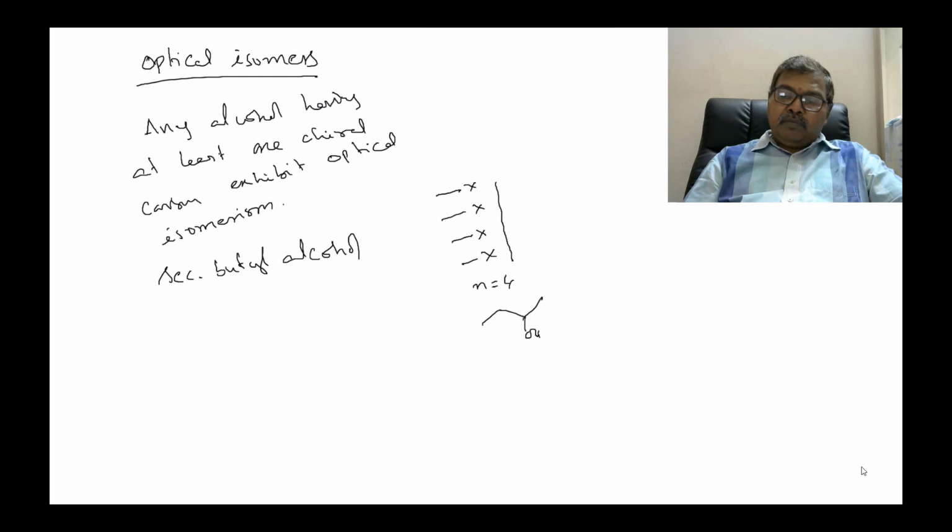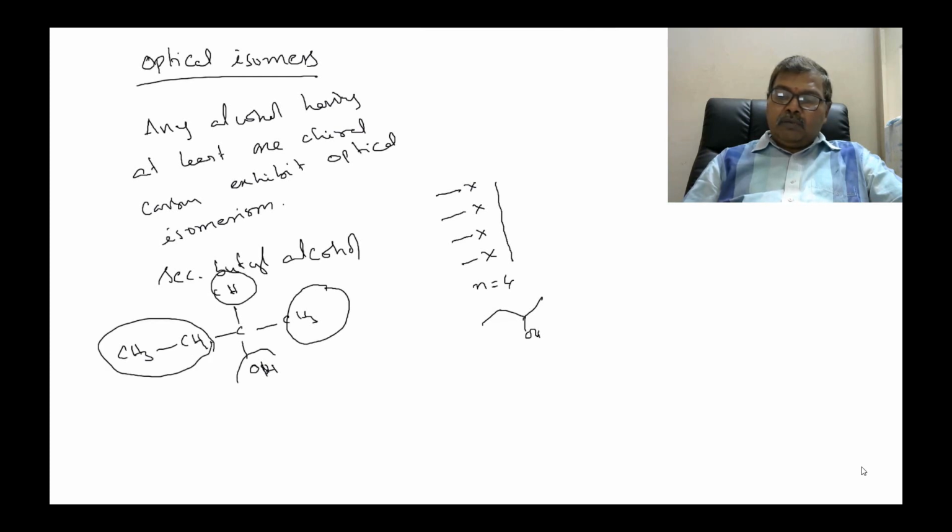See, CH3, CH2, C, CH3, hydrogen, OH. One side a methyl group, the other side an ethyl group, and hydrogen and OH group here. So, this is the carbon bonded to 4 different groups. Therefore, it is a chiral carbon and the compound exhibits optical isomerism.